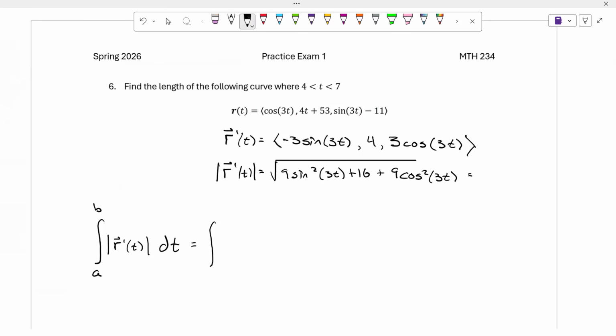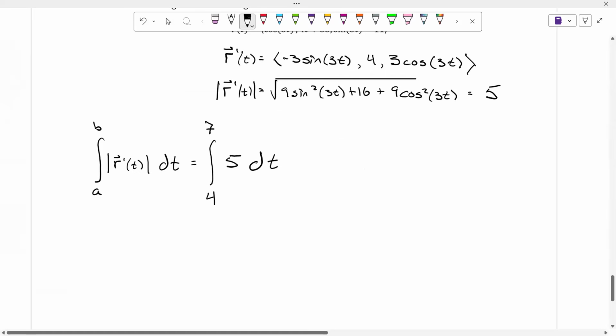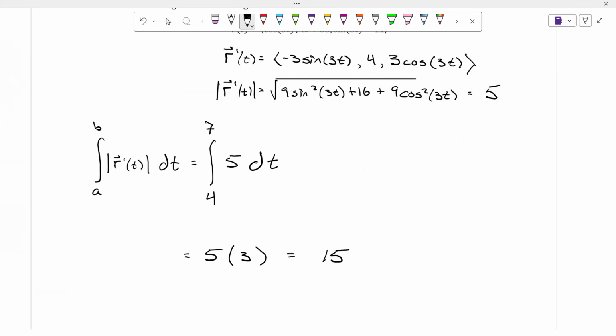So sine squared plus cosine squared is 1, which means 9 sine squared plus 9 cosine squared is 9. 9 plus 16 is 25. The square root of 25 is 5. So this ends up being the integral of 5 dt from 4 to 7, which is going to be 5 times 3, or 15.